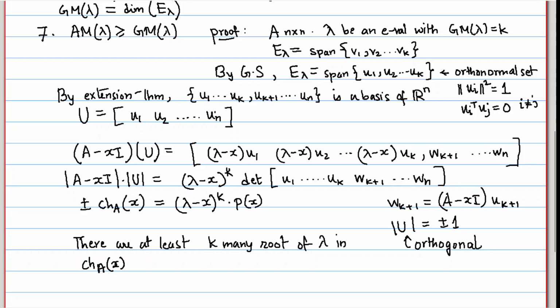This simply means that the algebraic multiplicity of lambda is at least k. What is k? K is nothing but the geometric multiplicity of lambda. So this is how we can show that AM is bigger than or equal to GM.